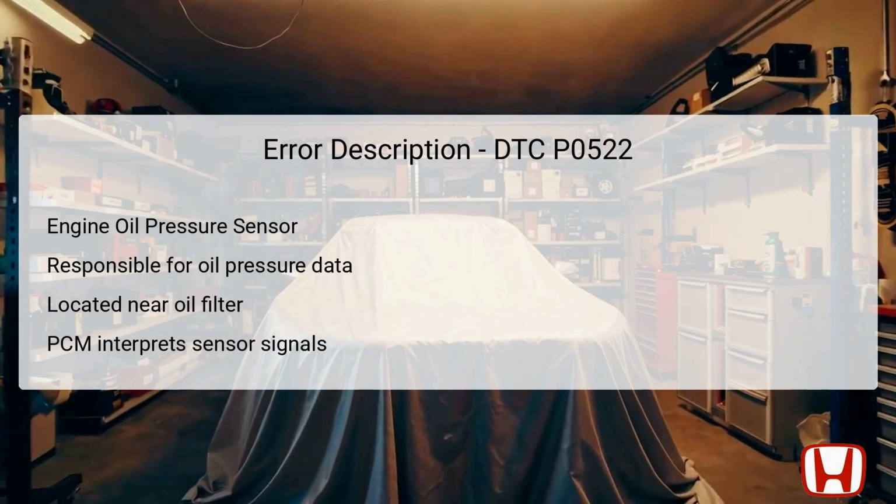By converting the oil pressure into an electrical signal, the sensor allows the PCM to assess running conditions and make necessary engine adjustments. If the sensor provides a voltage reading below 0.18 volts, it suggests a malfunction, prompting the PCM to record this DTC. It's important to understand that the low voltage can result from either a faulty sensor or issues within the electrical circuit connected to the sensor.